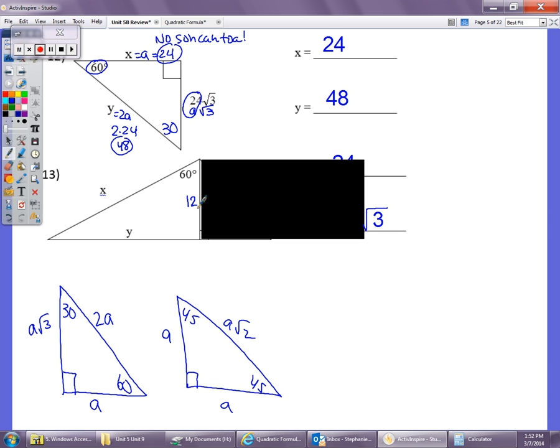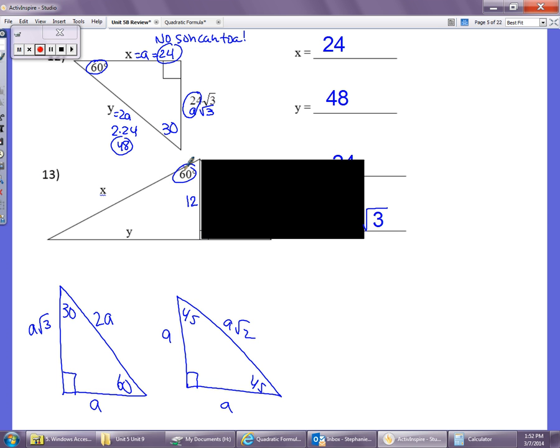So we found out that this side was equal to 12. So once again, it's a 30, 60, 90 triangle. So we know that anything that's across from 30 is a. Anything that's across from 60 is a radical 3. And then the hypotenuse is going to be 2a.